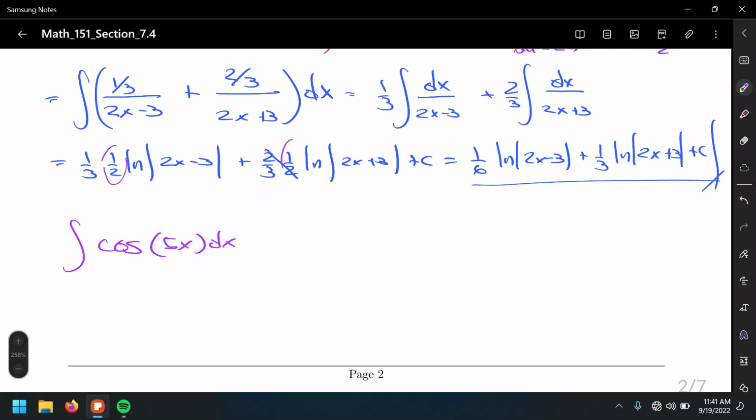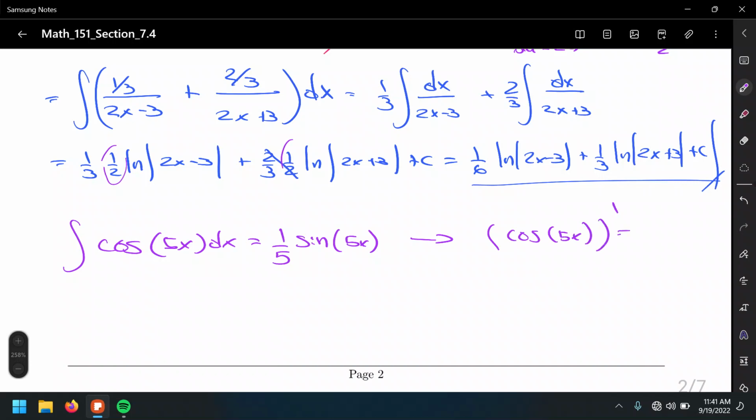Well, the integral of cosine, isn't it sine 5x? But in this case we just do 1/5. How can we relate these two? It's the same as taking, for example, the derivative of sine of 5x.